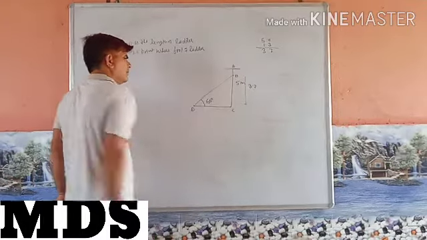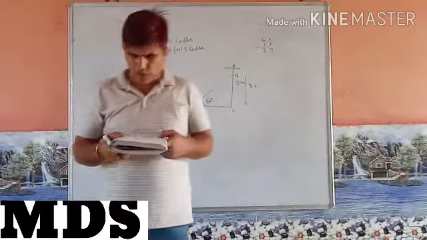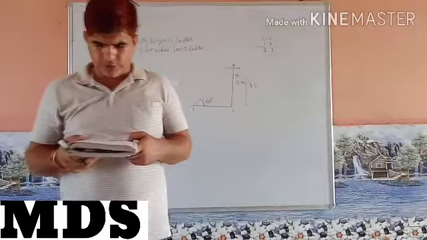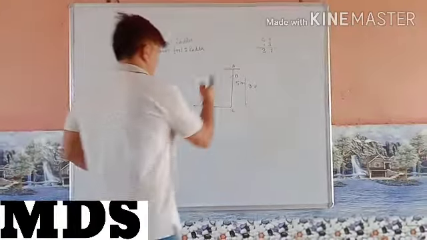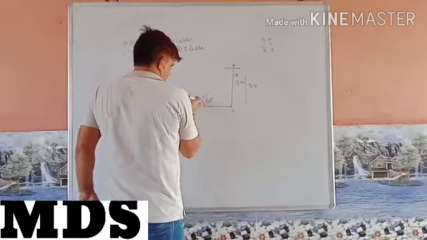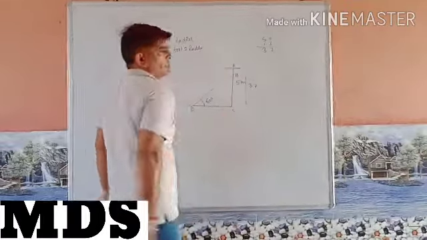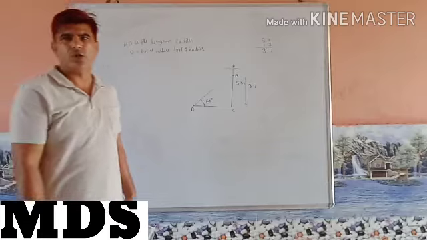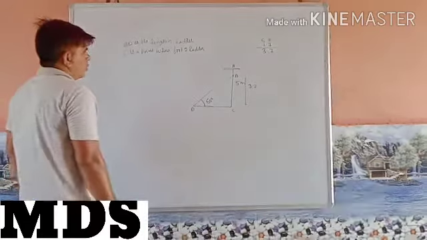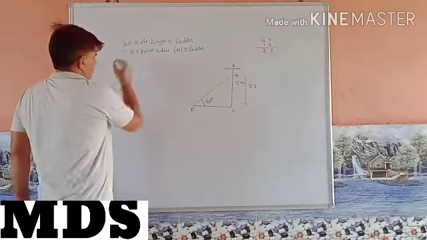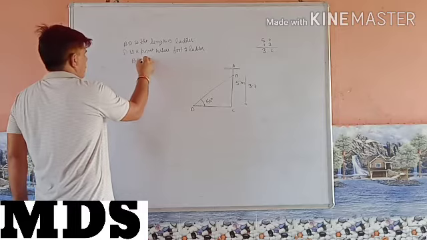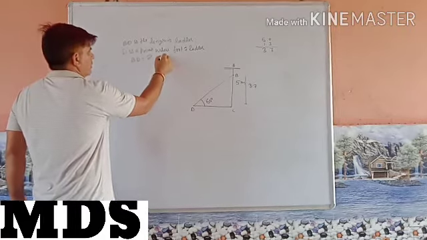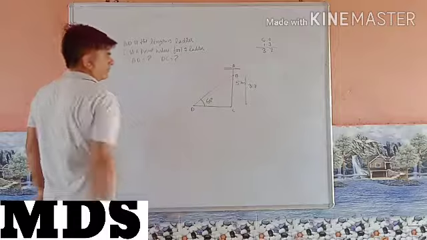Again 60 degree. This is vertical, this is horizontal, making a 60 degree angle. Understood? Okay. Now you have to find out what? You have to find out BD and DC.